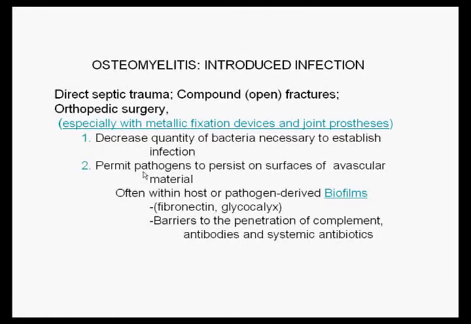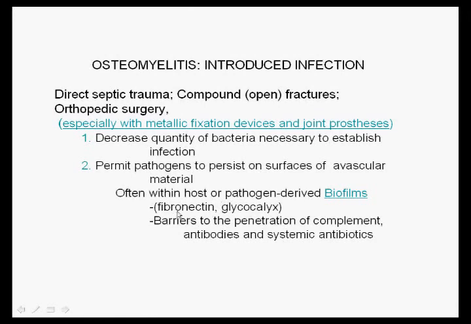Often, in relationship to these materials, the organisms will lay down biofilms. The biofilms can be produced by the organism, such as glycocalyx, or they can be produced by the host, where fibronectin is capable of being one of those biofilms.